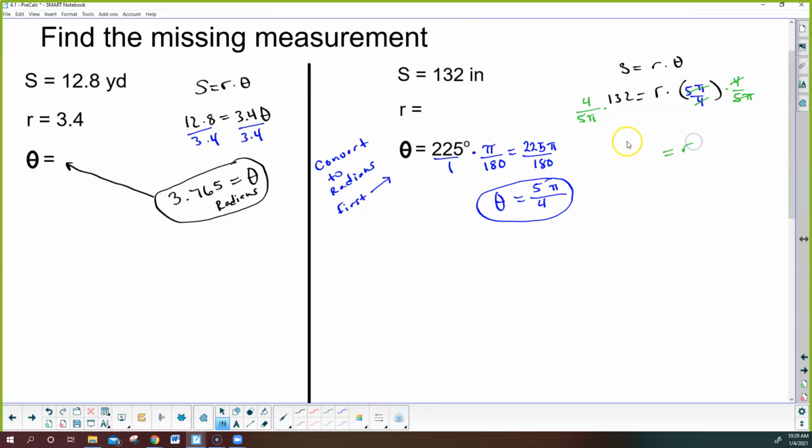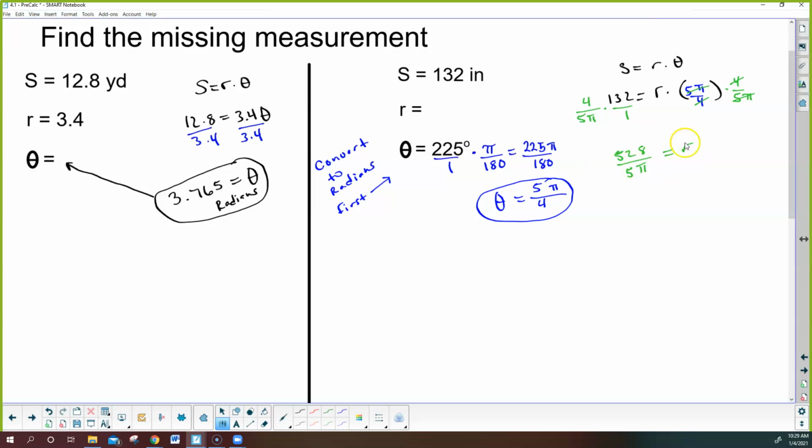So it leaves r, and then now we're just multiplying fractions again, right? Numerator times numerator. So 4 times 132 over 5 pi. And notice, this is a 5 right here. 5 is not going to go evenly into a number that ends with an 8.